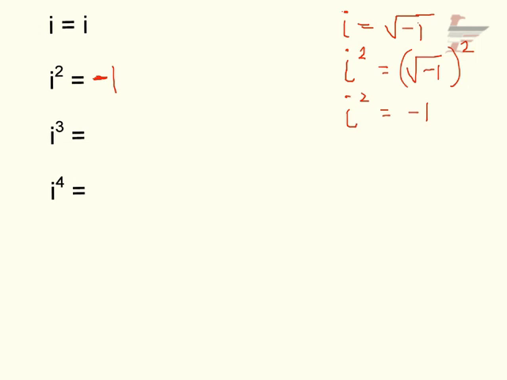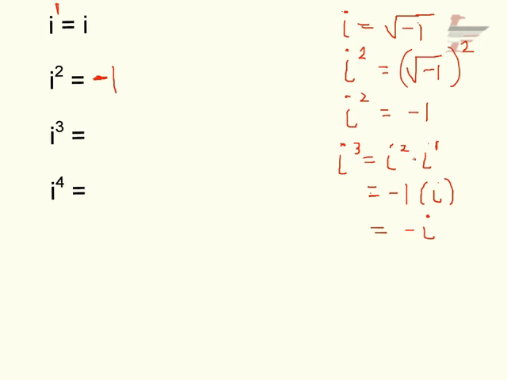Okay, so you start with i to the first is i, right? I should put that there, sorry. i squared is -1. Well, i cubed, if I keep going, is the product of i squared times i to the first, right? Well, now I know i squared is -1, and -1 times i is -i.